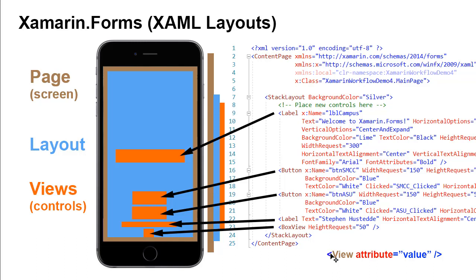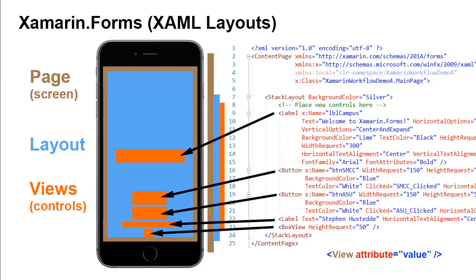You can, however, do the way we did the stack layout and have an opening and closing tag. And by the way, we can have multiple layouts. We can actually have a layout inside of a layout. We'll look at more complex layouts a little bit later, but this is the general format. A page, layouts, inside the layout are views.